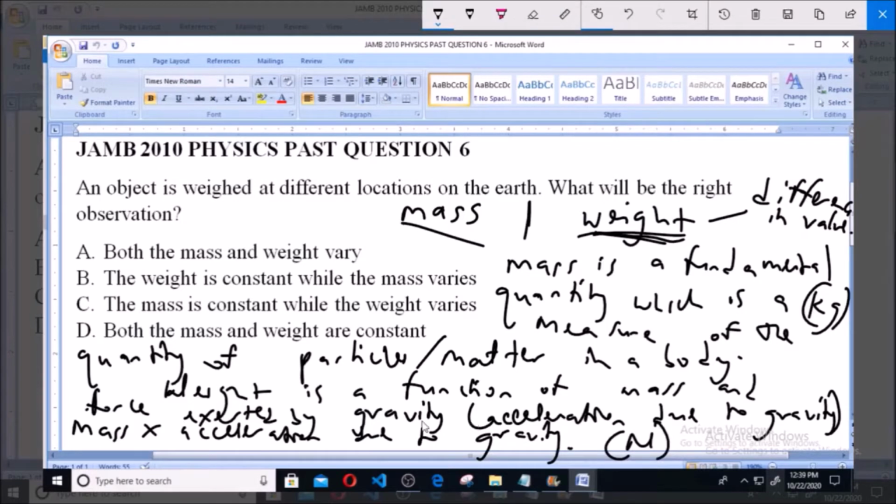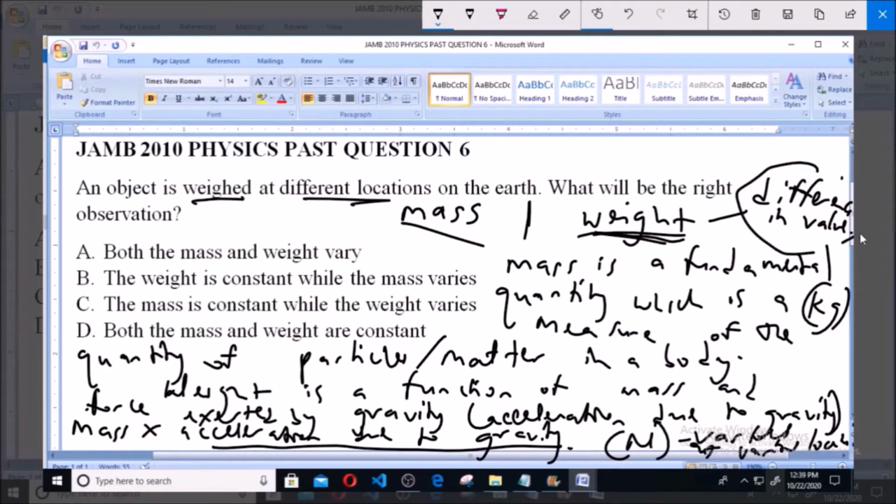The reason is because acceleration due to gravity varies at various points on the earth. So since the acceleration due to gravity will vary, and weight is a function of mass and acceleration due to gravity, when you weigh an object at different locations on the earth, the weights will have different values.